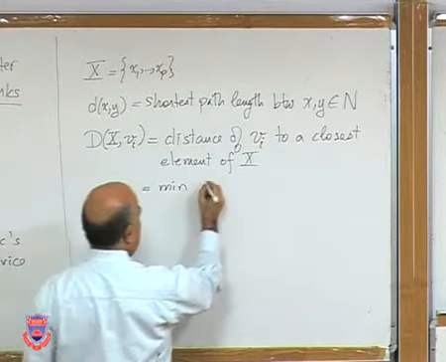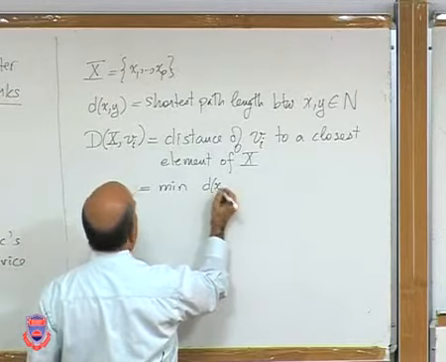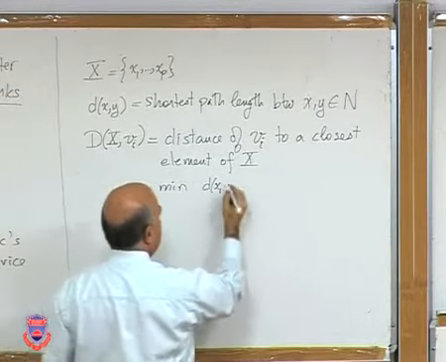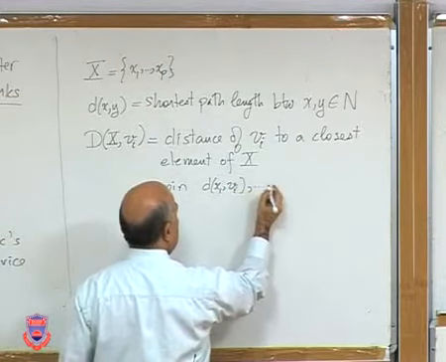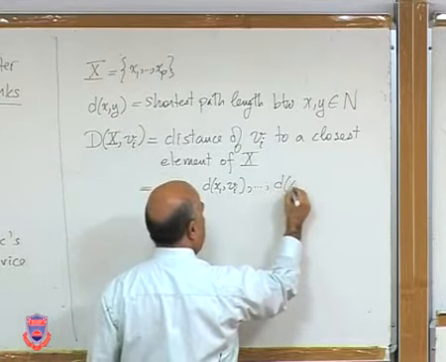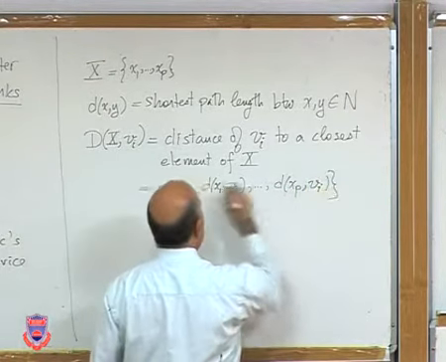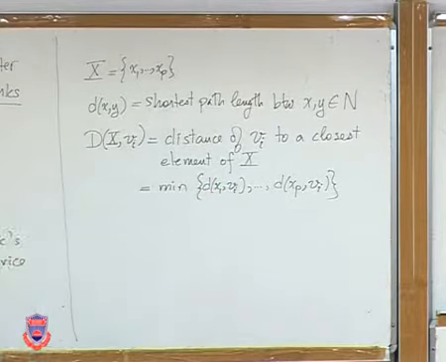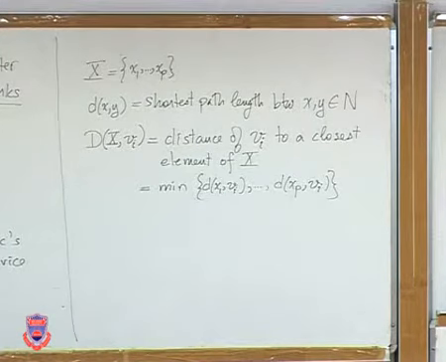Those numbers are the distance between x1, the first member of X, and v_i. The second one is the distance between x2 and v_i, so on and so forth. The last one is xp and v_i. So you simply find the smallest of these numbers, and that gives you the closest distance.